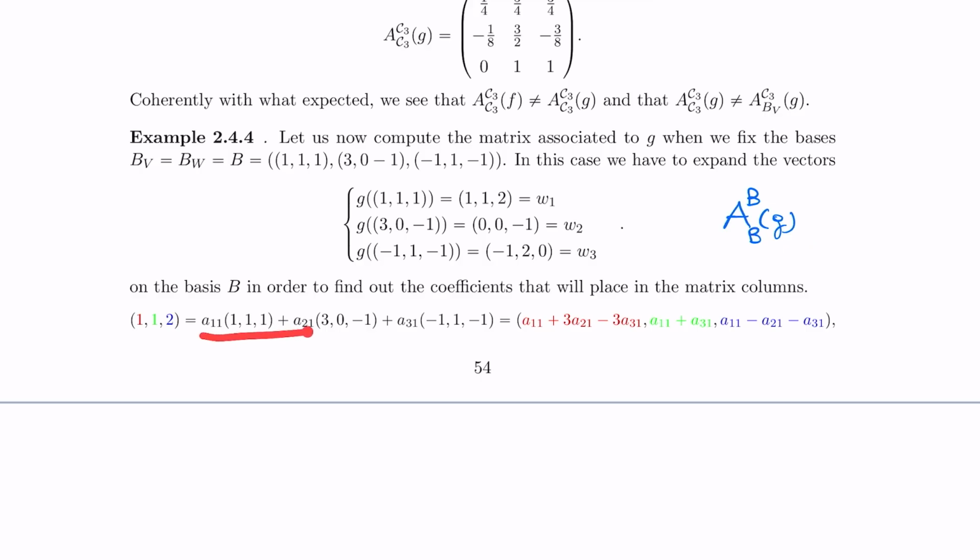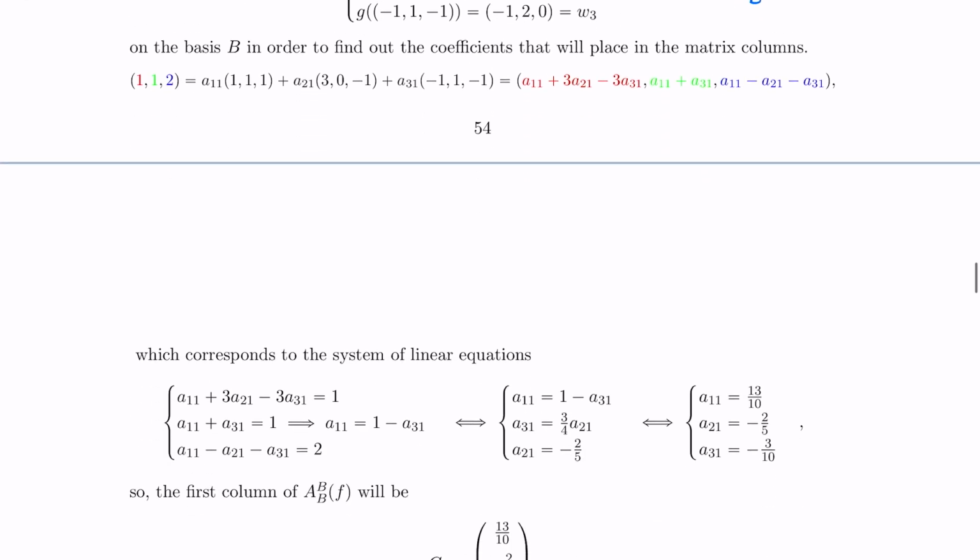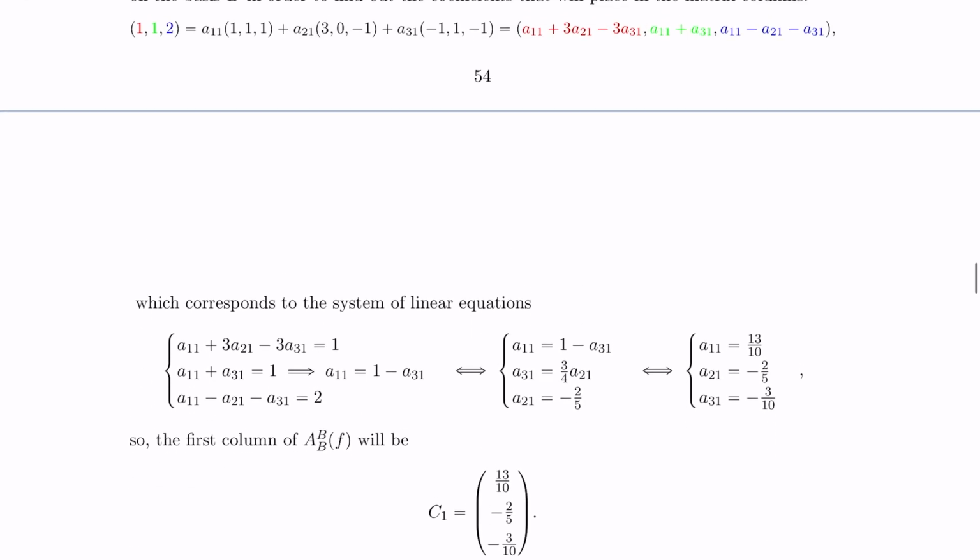If you perform the computations, you arrive to this vector here, and so you have a vector equation, and you can identify the first component, the one written in red, the second component written in green, and the third component written in blue in order to arrive to this system of linear equations, this one here.